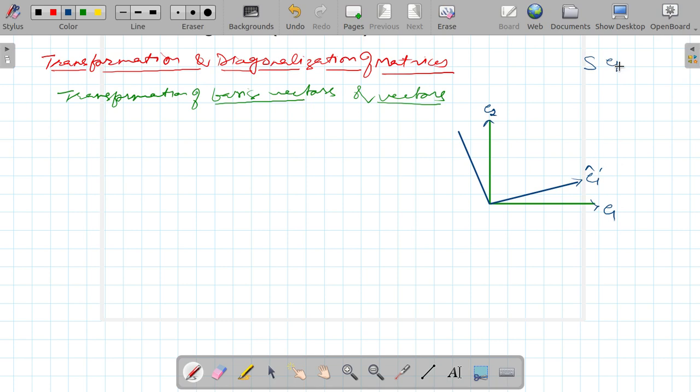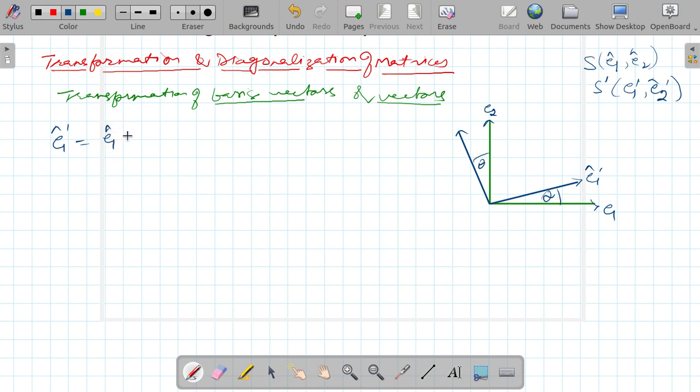In the S frame, basis vectors are E1 and E2, and in the prime frame, when this frame is rotated by some angle theta with respect to the stationary frame, the basis vectors are E1 prime and E2 prime. Now, as seen from the moving frame of reference, E1 prime can be written in terms of E1 and E2.